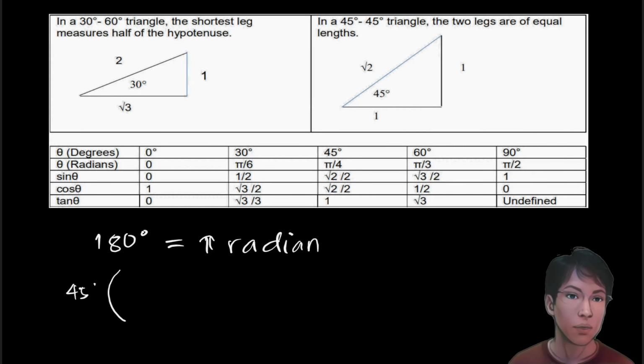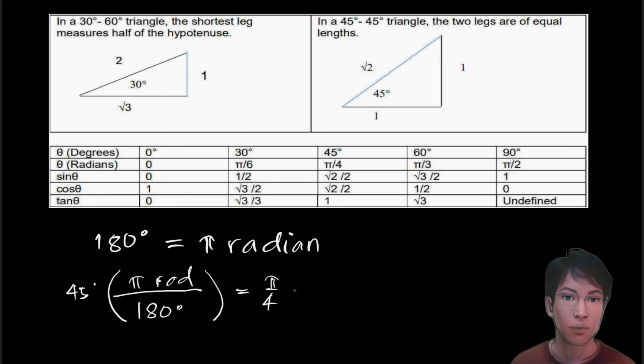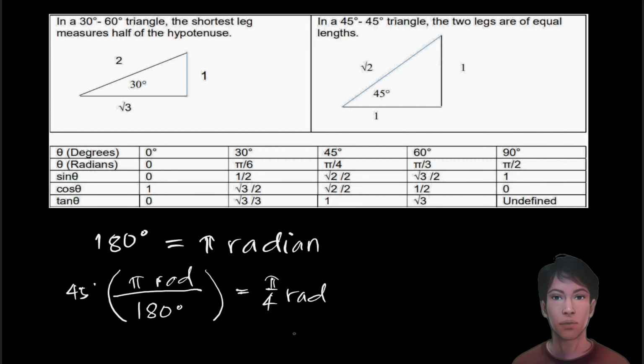All you have to do is multiply this by pi radians over 180 degrees, and this gives us pi over 4 radians.